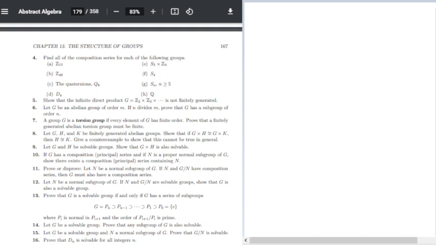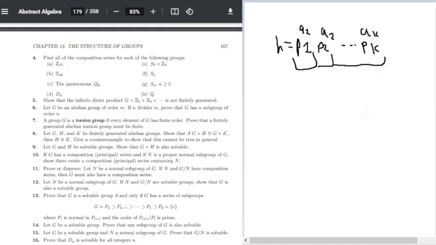So if n equals p1 to the a1, let me choose better notation, let me think ahead, p1^a1, p2^a2, all the way up to pk^ak, then for each, we've already proved that it has a subgroup of this order, right?